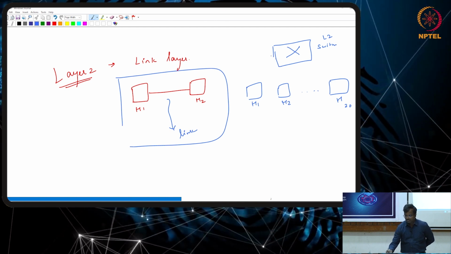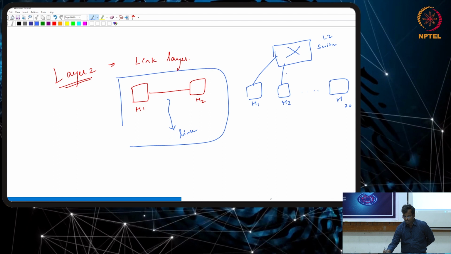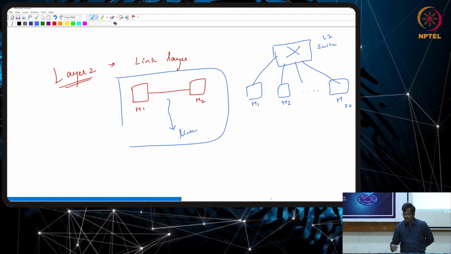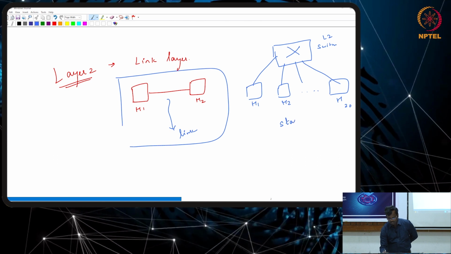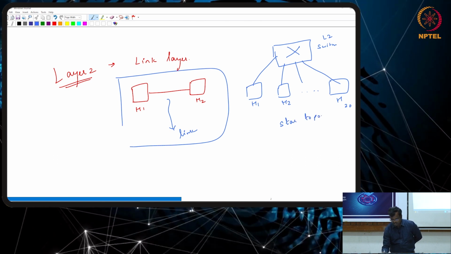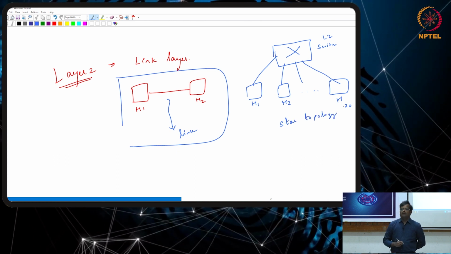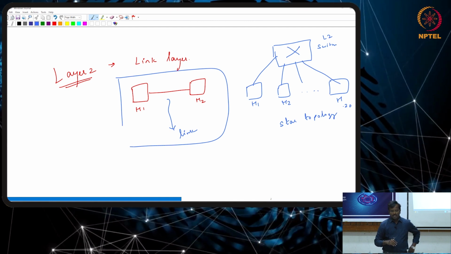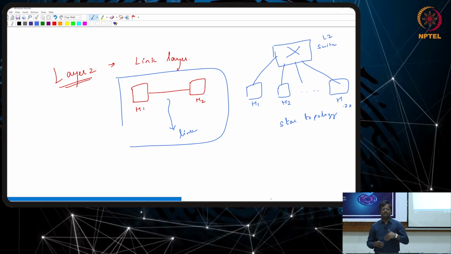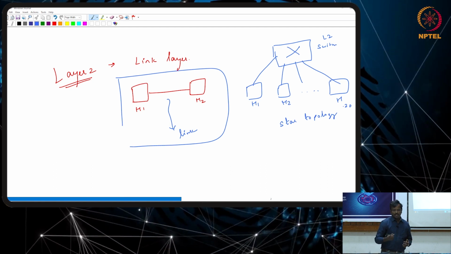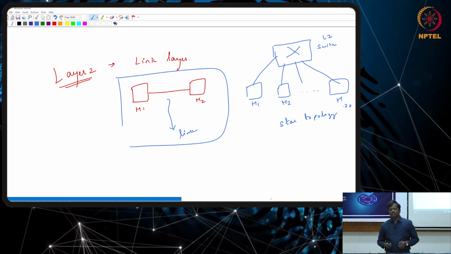So you will have multiple ports in the switch, and you will be connecting in a star topology. This is the last part of your campus network, which will be connecting your end devices in a wired network.